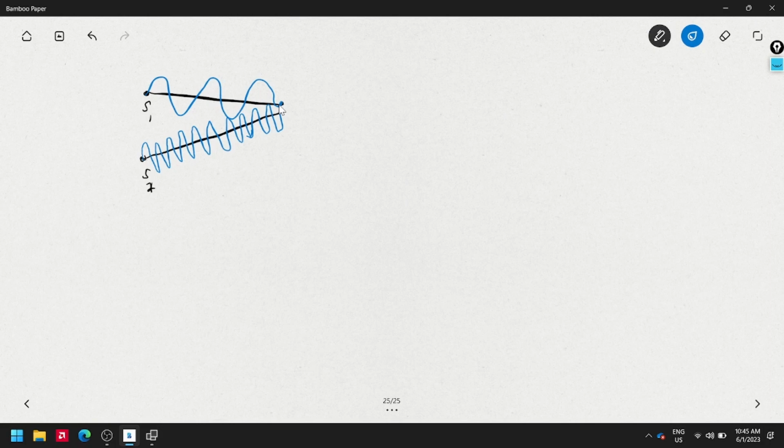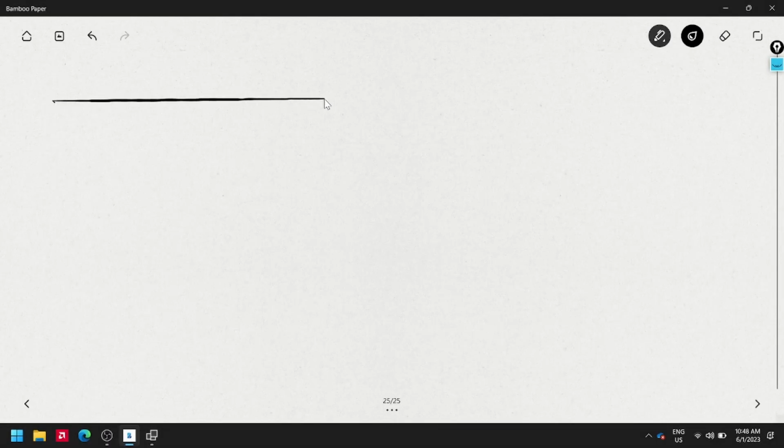So that's the general idea. I won't go deeper because it will confuse you. But at the moment, let's just assume that the light wave coming from S1 and the light wave coming from S2 both have the same frequency, meaning they are coherent.